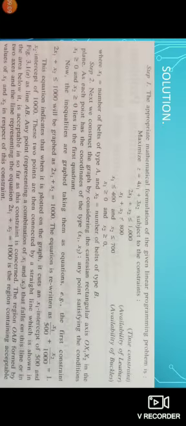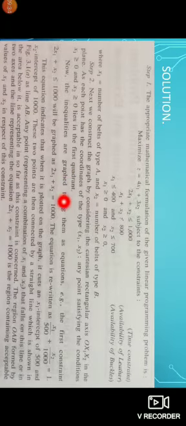Now the inequalities are graphed by taking them as equations. For example, what is the first constraint? 2x1 plus x2 less than or equal to 1000. In the first step, these constraints are converted to equality form.